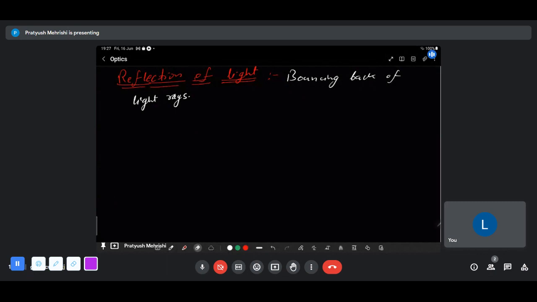Now you already know reflection is of two types, is it not? Reflection is of two types, irregular and regular.